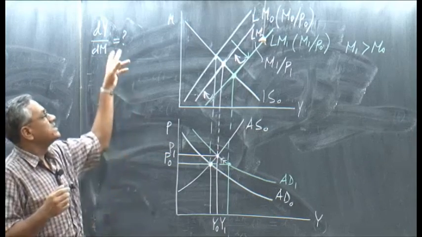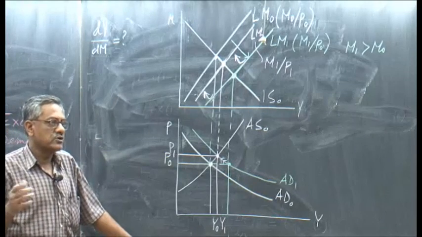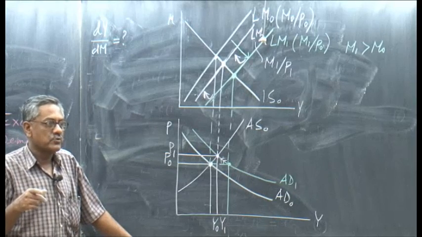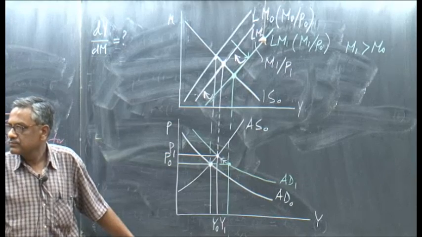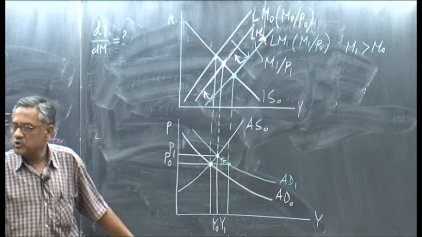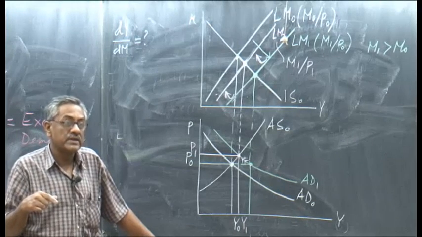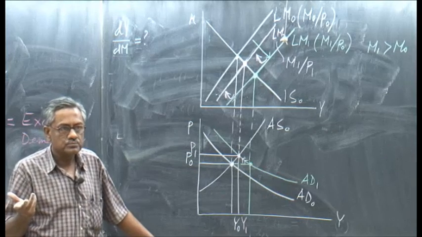What is the dY/dM algebra? Using matrix algebra, you can do that. You have to differentiate dM also. There will be a dM component, which will be multiplied by 1 over P, which you keep on the right-hand side, and also dP differentiation will be there, and you can get dY/dM.